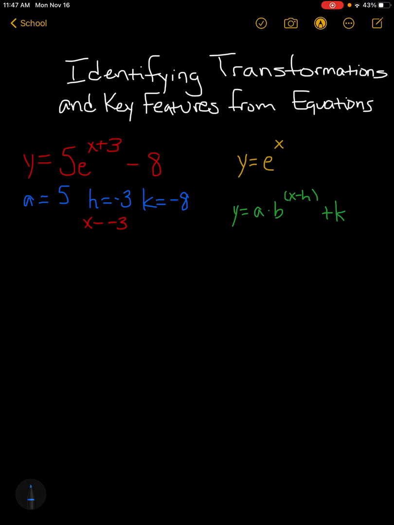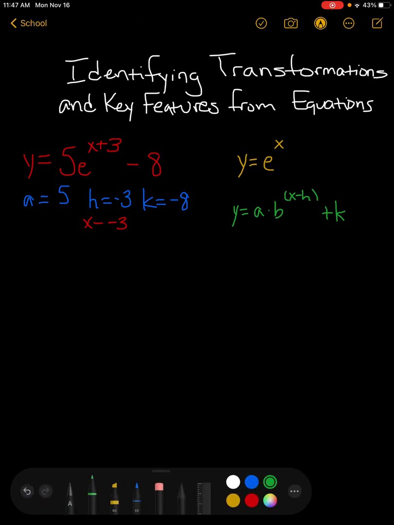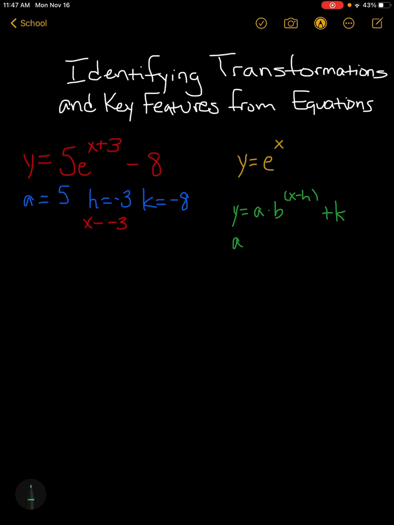Now in order to identify the transformations, I just have to understand what exactly a, h, and k do. Well, a is going to create a vertical dilation. And then if it's negative, it creates a reflection.